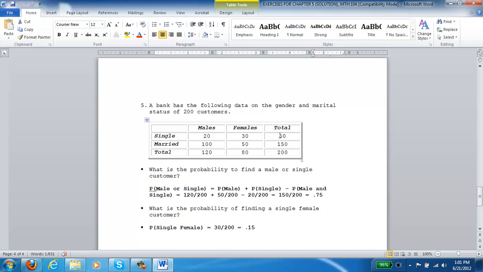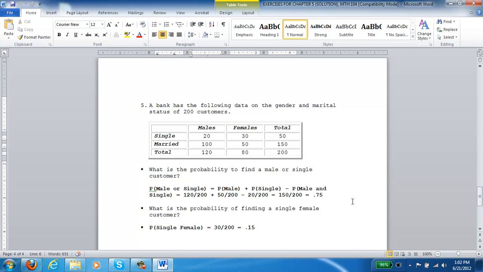This is the same as the probability to have a male, which is 120 over 200, the probability to have a single, which is 50 over 200, but again 20 we count it twice, one for males and one for singles, so it's 120 plus 50 minus 20, so this is 150 over 200, 75%.